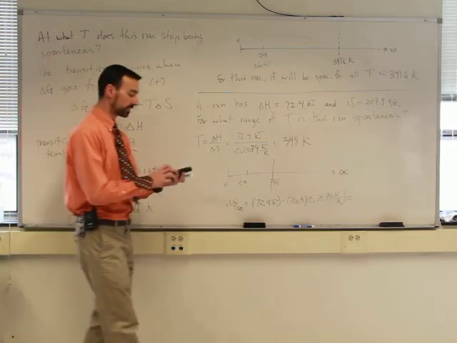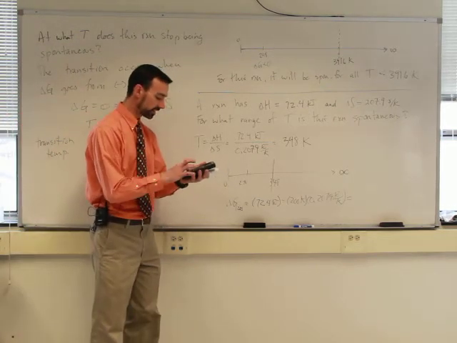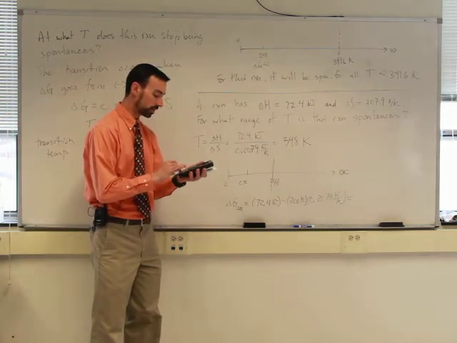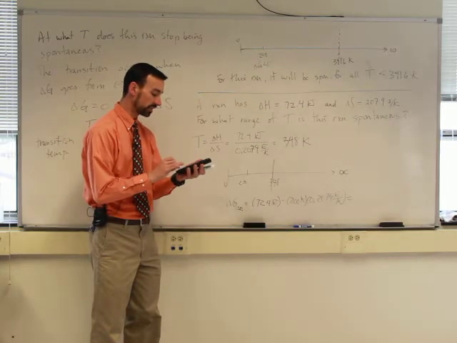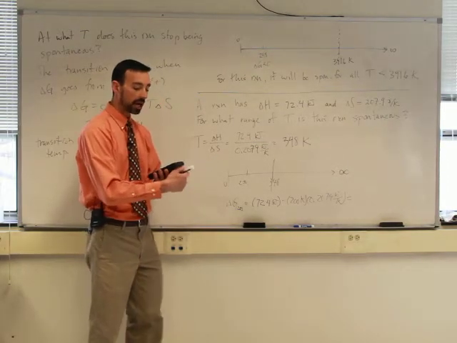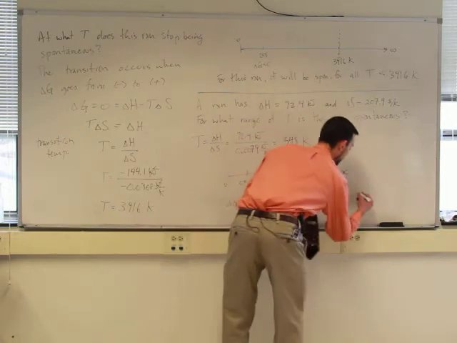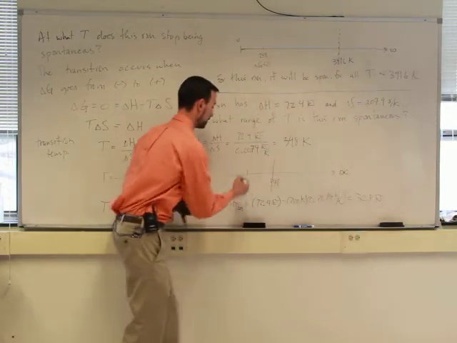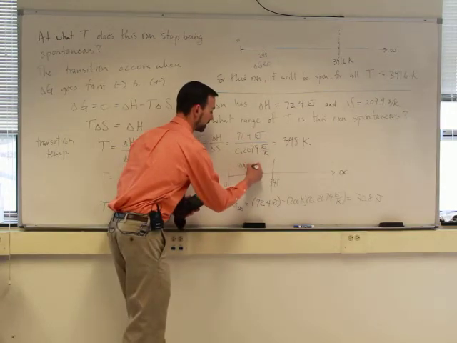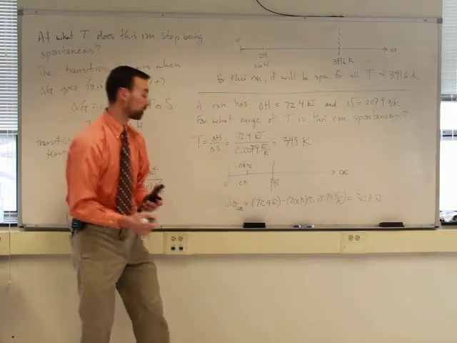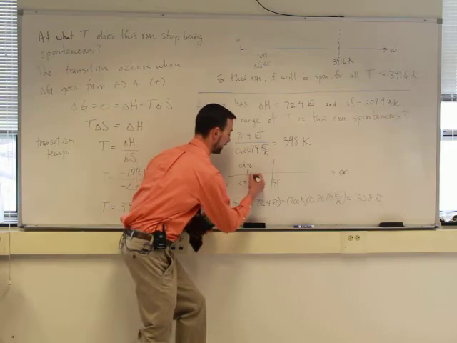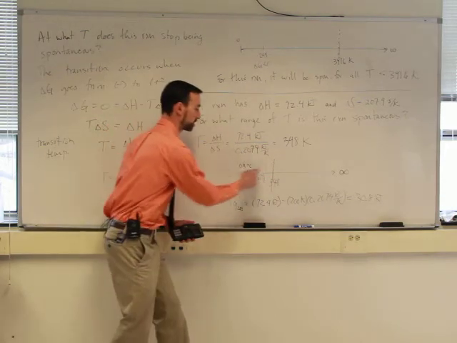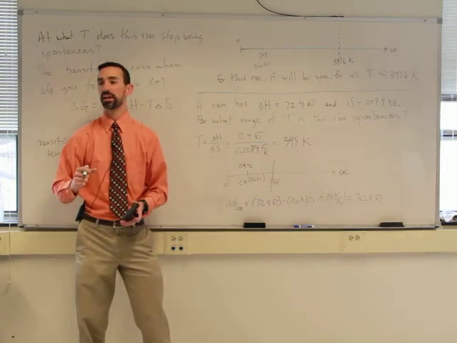So at 200 Kelvin, the Gibbs free energy, 72.4 minus 200 times 0.2079, is positive 30.8 kilojoules. So down here, delta G is positive, so it's non-spontaneous for all of these temperatures, 0 up to 348.